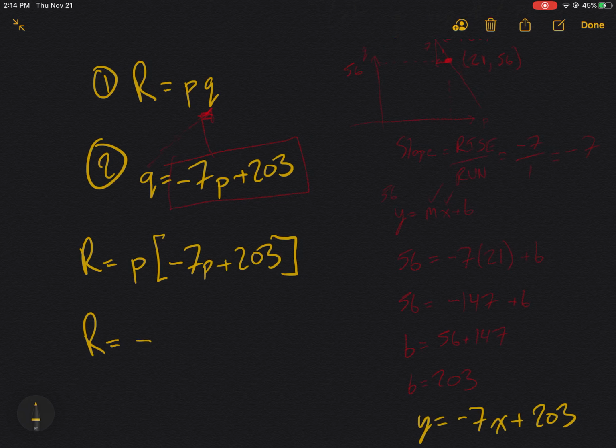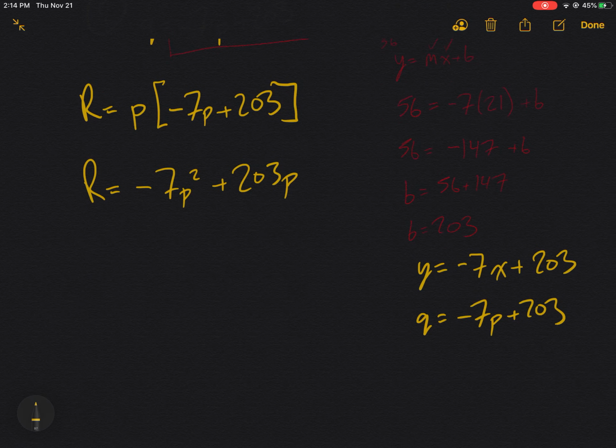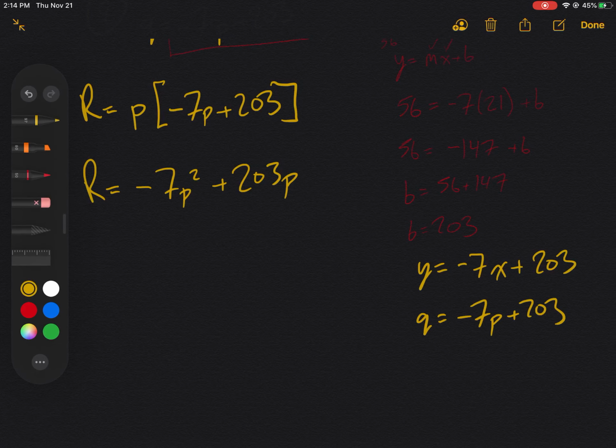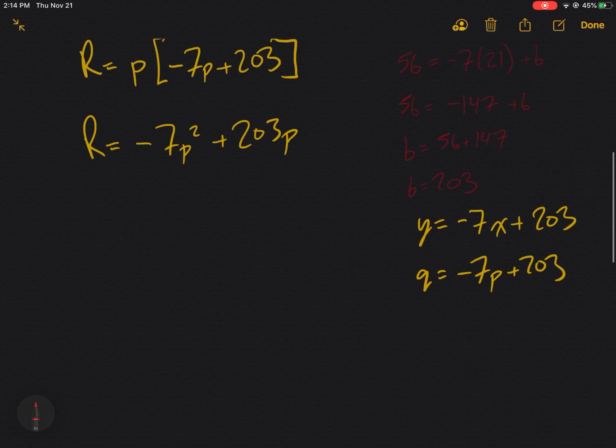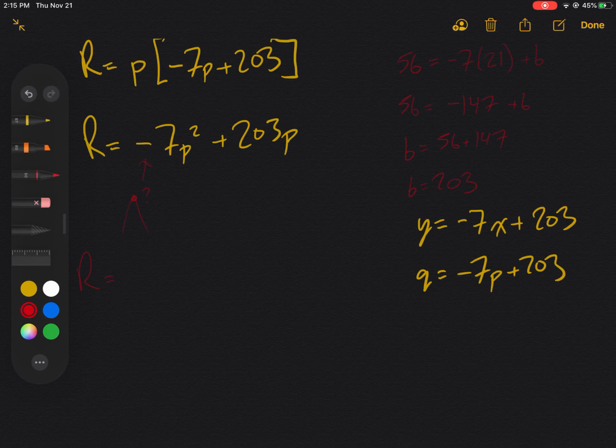R equals minus 7P squared plus 203P. What's my next step? Well, I have a quadratic relationship, right? And here's what I know about this quadratic relationship: nothing else. Why do I know nothing else? Because I have to write it in vertex form. I want to know that. Let's write it out.